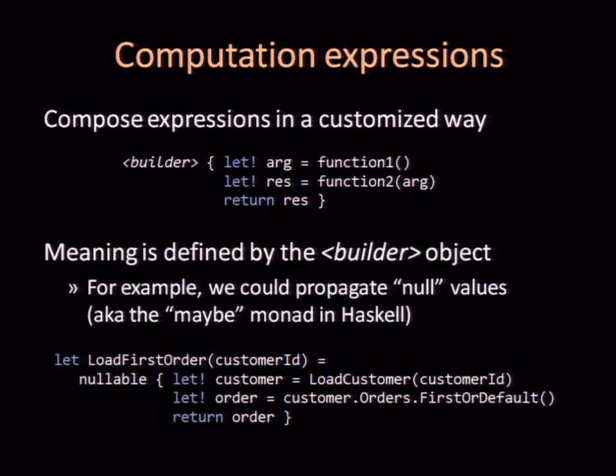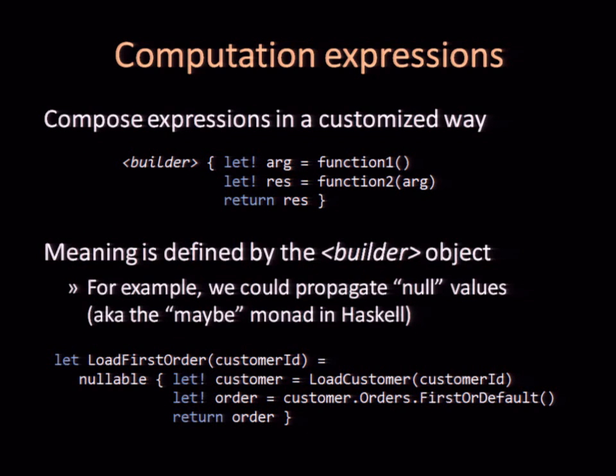Here's one other example than asynchronous workflows. You could, for example, define a nullable computation builder, which propagates null. So if you had a load customer method that returned a customer, it could also return null. And you could define a nullable builder like this that would propagate the null value.